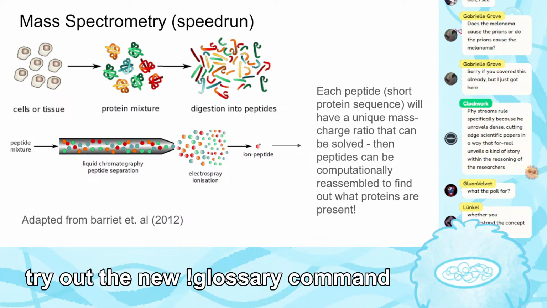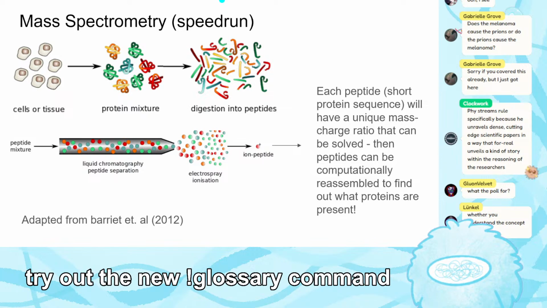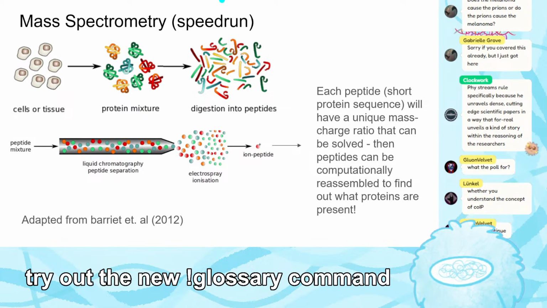To simplify this, the principle by which the mass spectrometer works is that every peptide is made of a series of amino acids, right? Like glycine, serine, threonine, arginine. That's a peptide. And the way that a mass spectrometer works is that it charges up that peptide and gives all of the available charge that peptide can hold, and then that crashes into a detector that allows you to measure the ratio of the mass of the peptide to its charge.